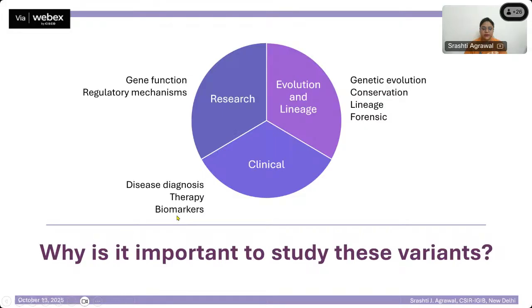For example, in specific cancers, if a specific mutation is present, we can say that this might be a special type of cancer. So this is how genetic variants can act like biomarkers.